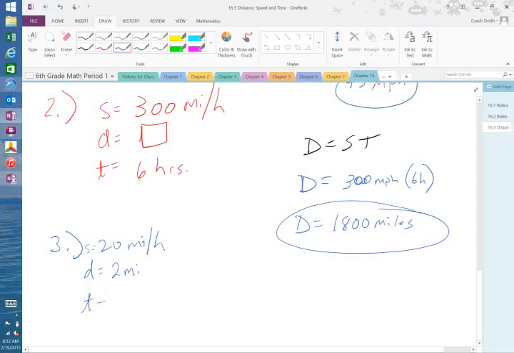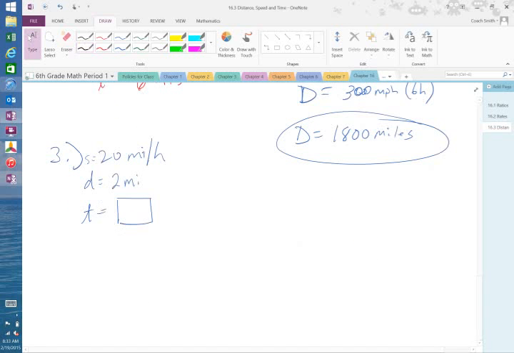Time is what we're looking for. Now, let's logically think through this. If I'm going 20 miles per hour, I go from 0 hours to 1 hour, and I go 20 miles. But it says right there on the screen that I went 2 miles.